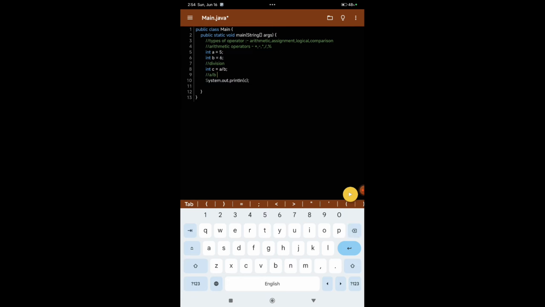Now let's move on to modulo. It is simple. For modulo, I will write here percent. a modulo b is equal to 5 modulo 6. Now what is the modulo operator?